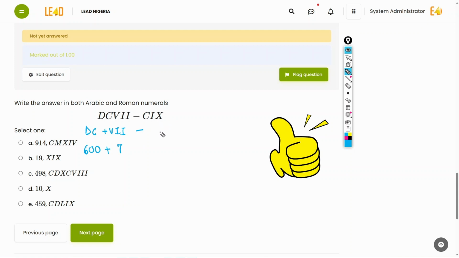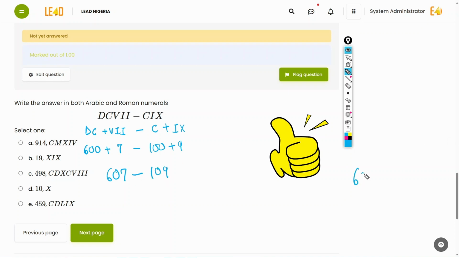Let's write the Roman numeral form first. CIX is C plus IX, that's 100 plus 9. So it's 607 minus 109.